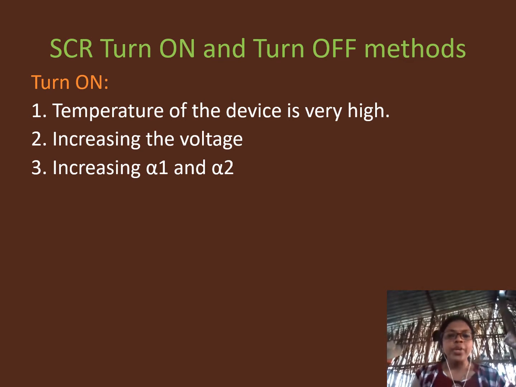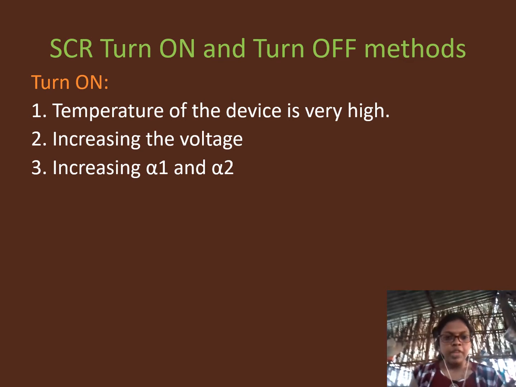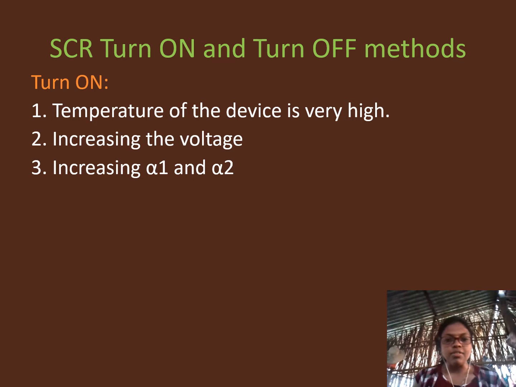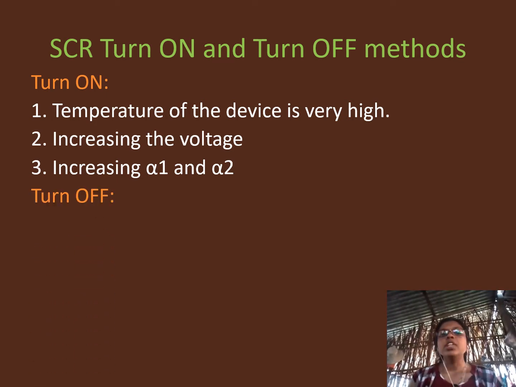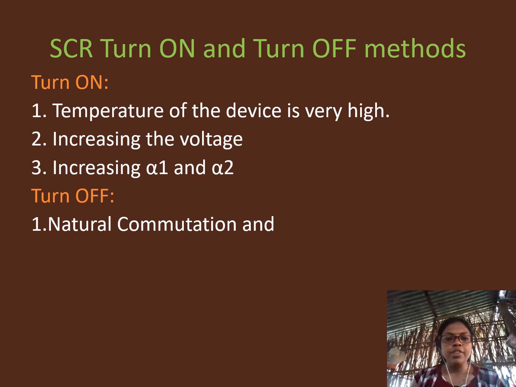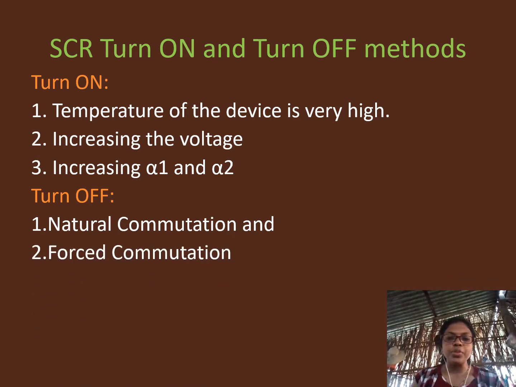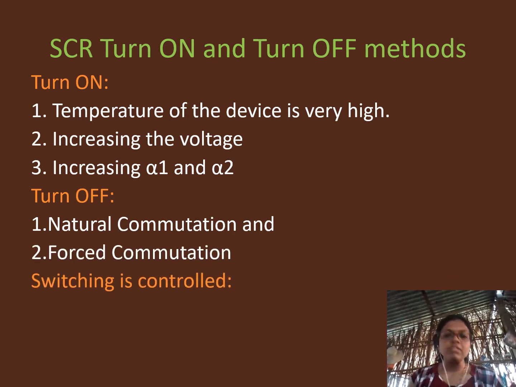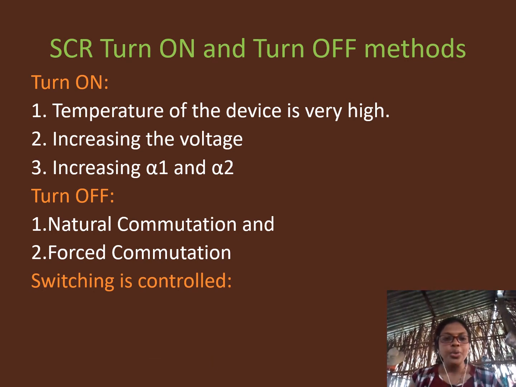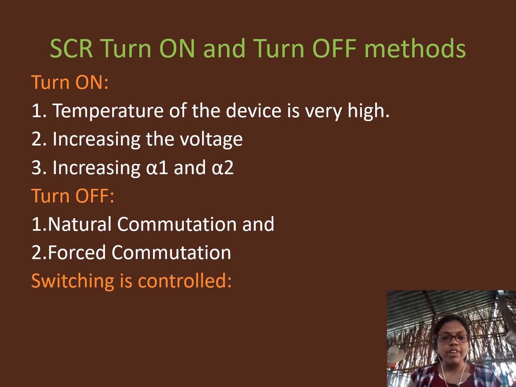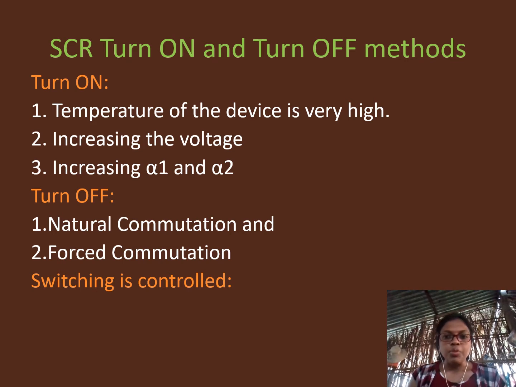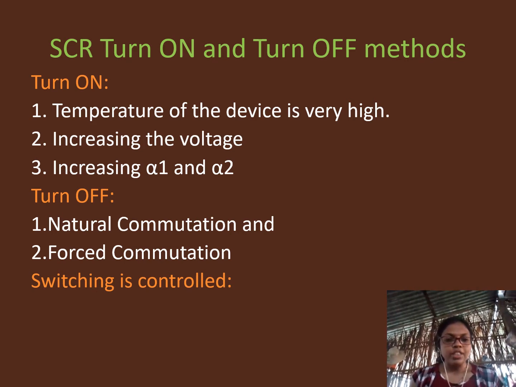Third, you can increase the amplification factor of the device and turn on the SCR. In turn off methods, there are natural commutation and forced commutation. In natural commutation, you can turn off this device naturally, hence the name. In forced commutation, you turn off this device forcefully by various commutation methods.